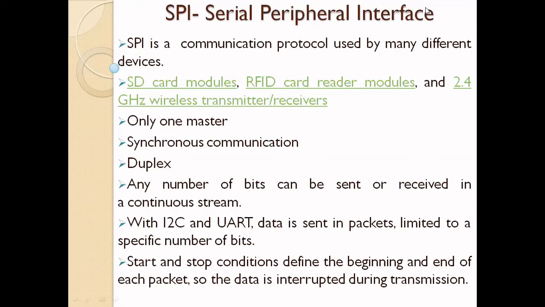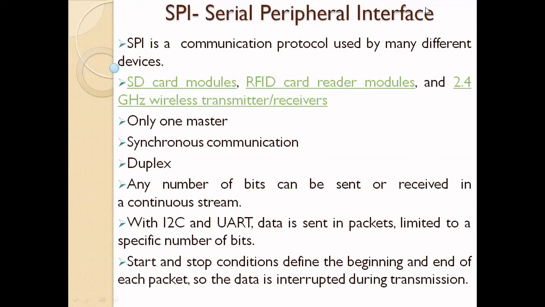Next one is duplex. In the I2C bus introduction, I explained what is simplex, what is half duplex, and what is meant by full duplex. Here it is a full duplex. Full duplex means at a time we can transfer data from device 1 to device 2 and from device 2 to device 1. Simplex means we can send data only from device 1 to device 2.